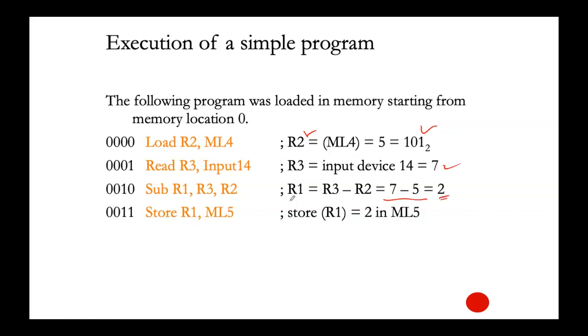For this 2, R1 is allocated, the memory is assigned, and the 2 will be written back into R1. Similarly, for the store instruction, the operand which is available at memory location 5 will go and be stored in the memory which is assigned to it at R1. So that R1 will go and store, it is the write back. Like this, the ALU operation part, this is the memory operation.